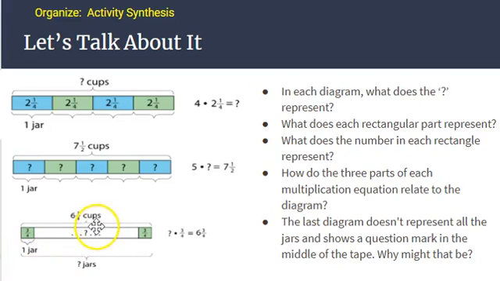Here, we know that there's 6 3/4 cups total. 1 jar holds 3/4. We need to figure out how many jars it is. We don't have to put all the lines here on this part because we're trying to find what that missing piece is. So we may not necessarily draw out all those.